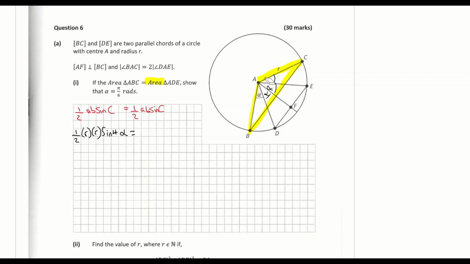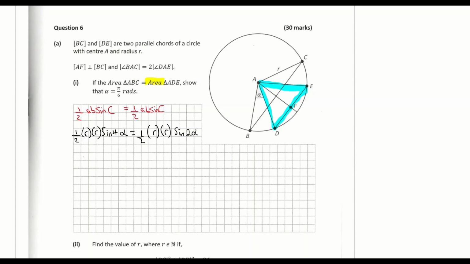And now I'm going to look at the other triangle on the right hand side, which is ADE. And I'm going to fill it in again. My A and my B again are the distances from the center to the edge of the circle, which is radius and radius. And my sine C in this case is going to be 2 alphas, twice the size of that angle.